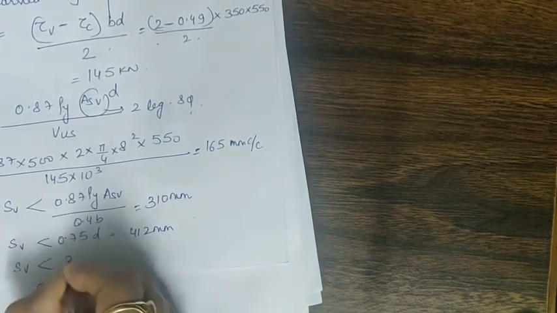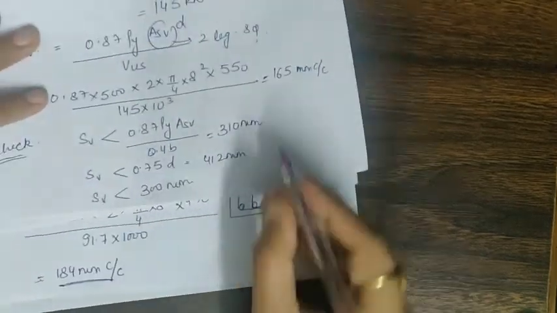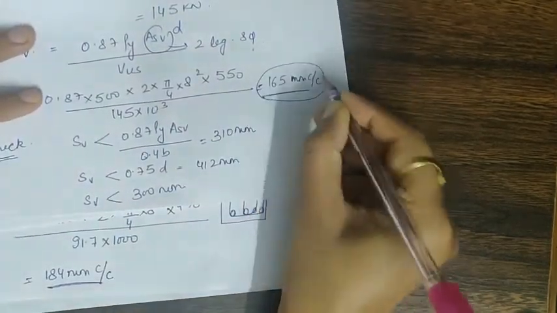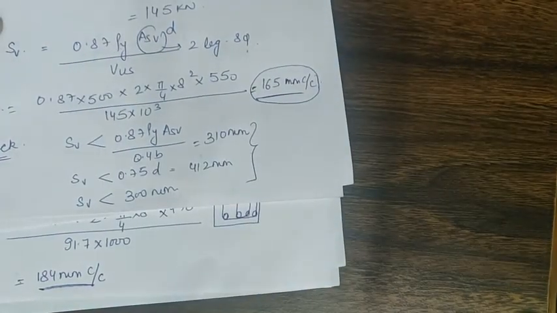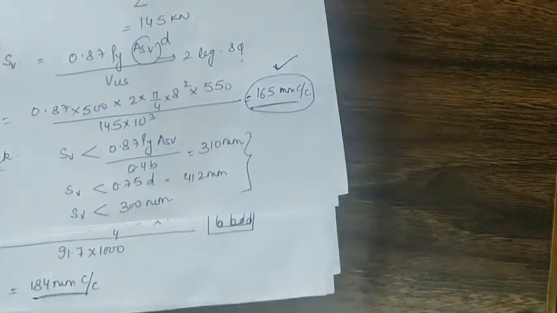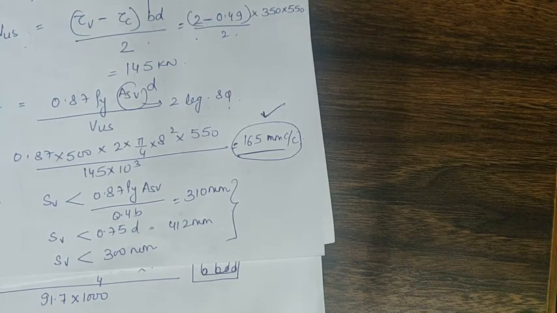The third check was that it has to be less than 300 millimeters. So this 165 millimeter center to center is lesser than all these three values. So our spacing of vertical stirrups has to be 165 millimeters center to center. Okay. Now I suppose you will be able to design the shear reinforcement. Thank you.